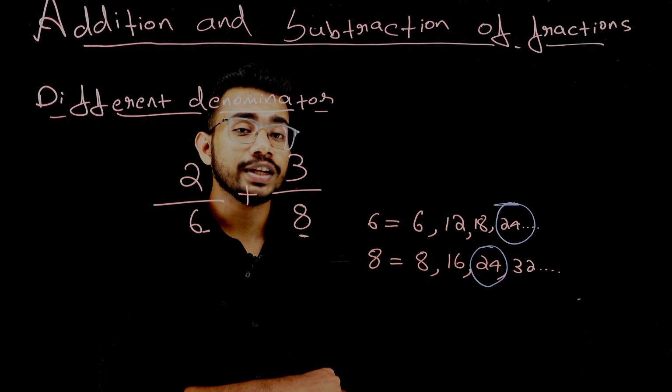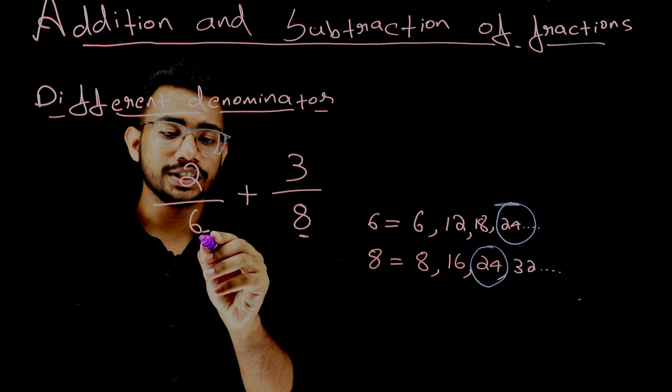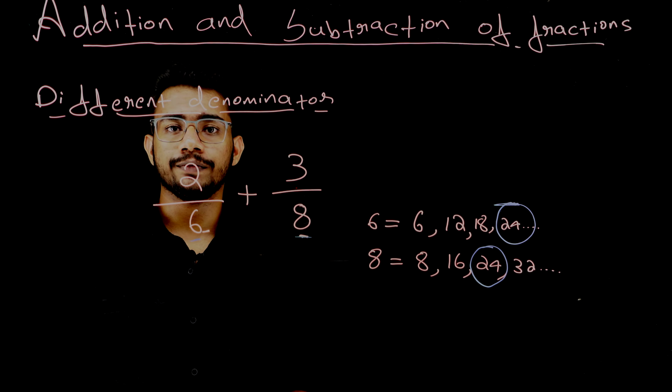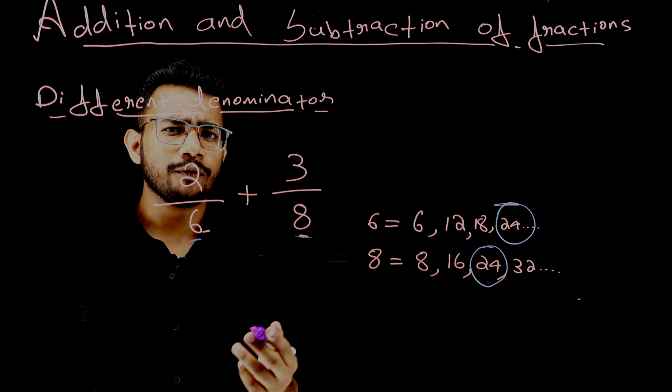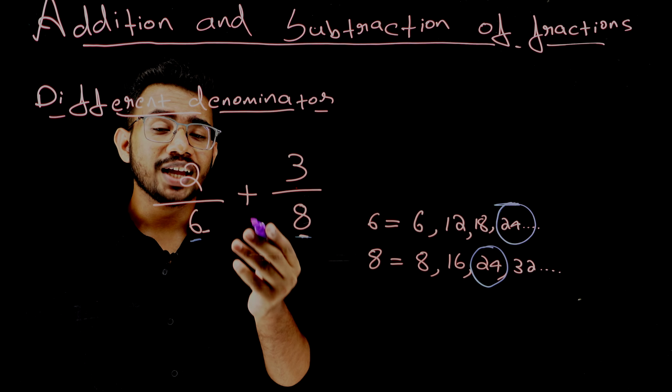So what we have to do here is convert the denominators 6 and 8 into 24. What do we have to do to make 6 into 24? We have to multiply.